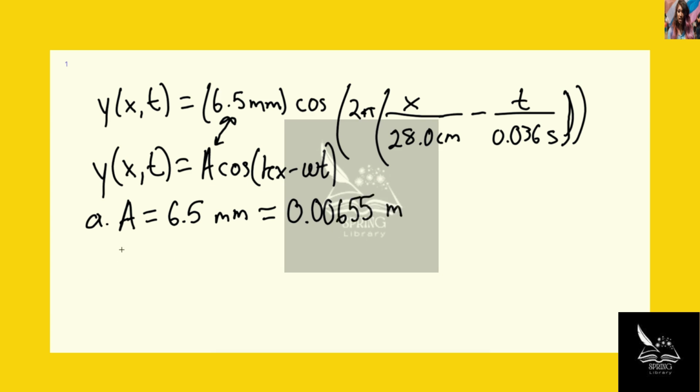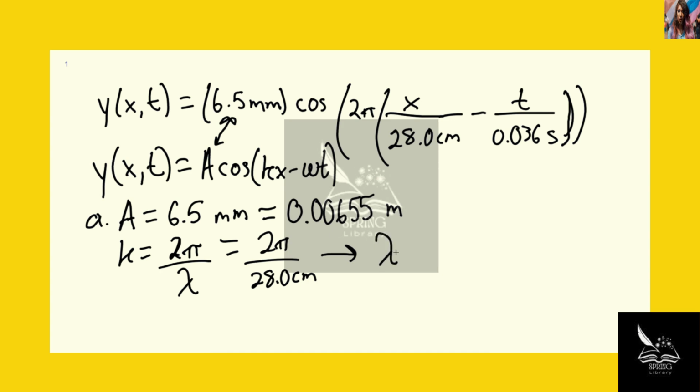And the wave number k, this number here, is going to be equal to 2 pi over lambda. And in the equation, it's equal to 2 pi over 28 centimeters. So this means that the wavelength is going to be 28 centimeters.